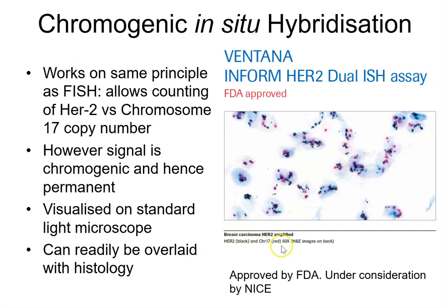Now, the other reason this technique has really taken off is that traditionally FISH was done by clinical genetics laboratories. I mentioned in last week's lecture that FISH was a clinical genetic technique in the past, and when cancer subtyping was required, because the clinical cytogenetics labs knew how to do it, they would receive the breast cancer samples and perform the FISH.